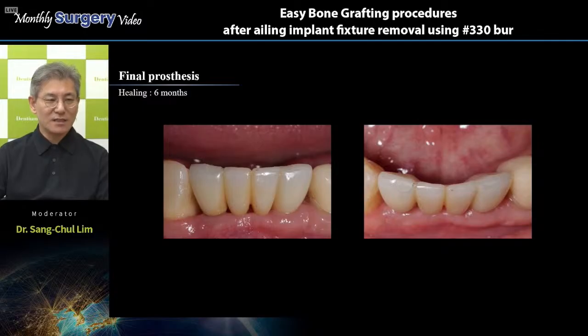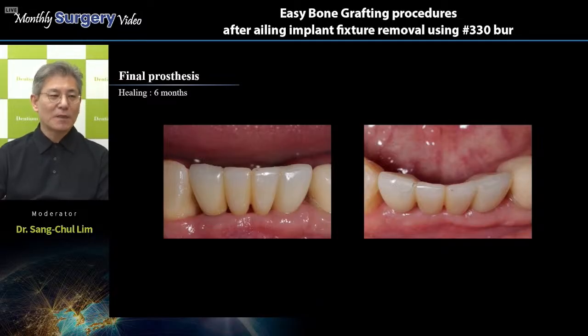And also we can see a black triangle between the lateral incisor and canine area. However, as time goes on, the black triangle reduces in size. And in some cases, if you want a more aggressive and active treatment to reduce this black triangle, you can inject filler, right?